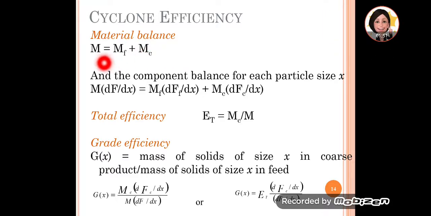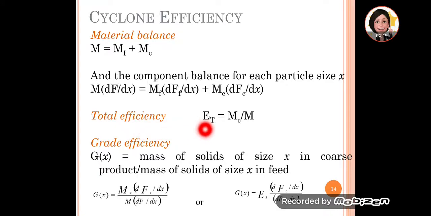This is the total solid mass that is found in the solid exits. So the efficiency of a cyclone is defined by the solid product that is separated from the gas flow. And this equation gives you the component balance for each particle size in the solid product.